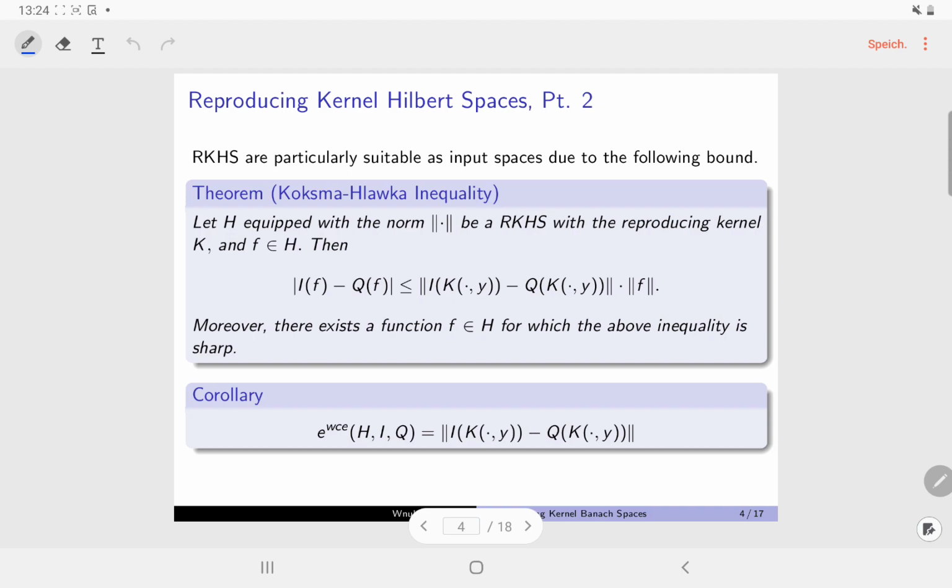And this is basically given here. So the absolute value of the integral of f minus the quadrature of f is upper bounded by a product of two things. One of those things is the norm of f, and the second thing is a function which may be described explicitly using K. So it's the integral of K minus the quadrature of K. I shall refer to this function as the representer.